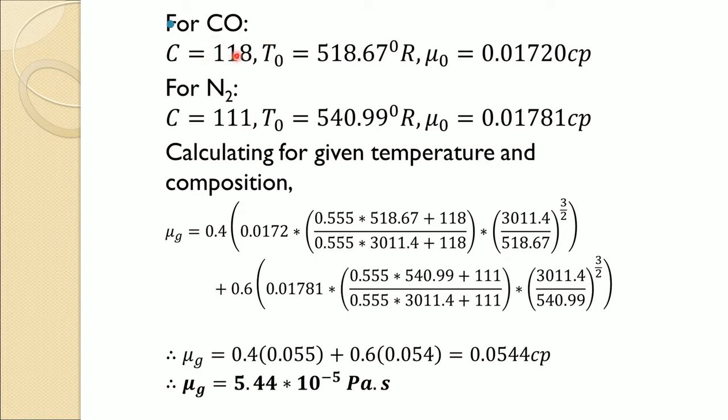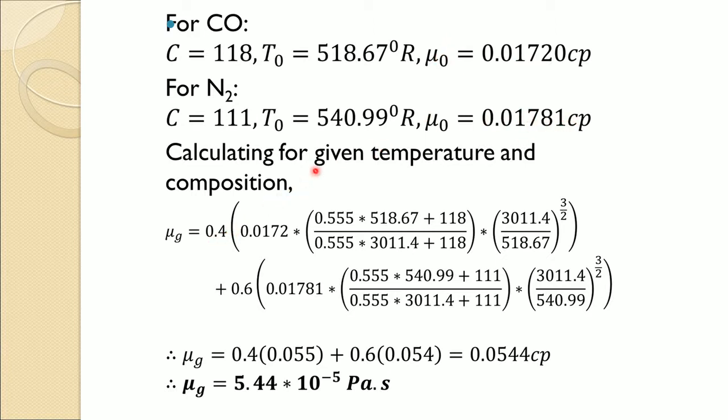So, for CO, C equals 118, T naught in Rankine; similarly for nitrogen it is 111, 140 Rankine. Then mu naught, the viscosity at that temperature, is given.